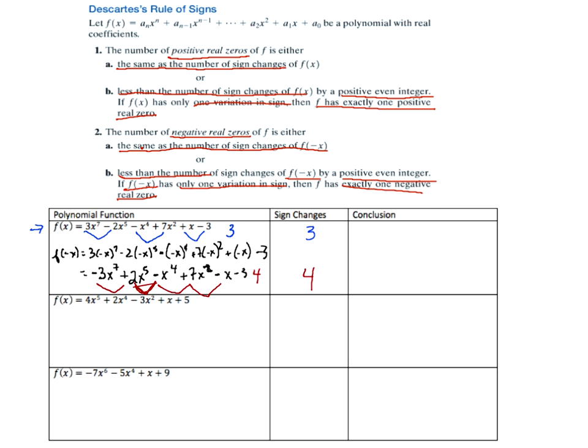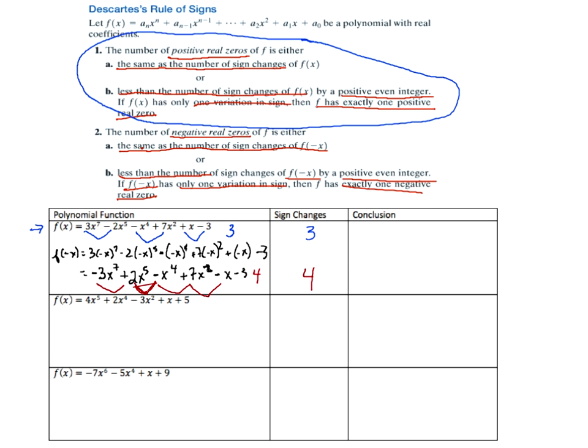Positive real zeros is our f of x conclusion. It says it either has the same as the number of sign changes, or it has less than the number of sign changes by a positive even integer. It has more than one, so it's not exactly one positive real zero.